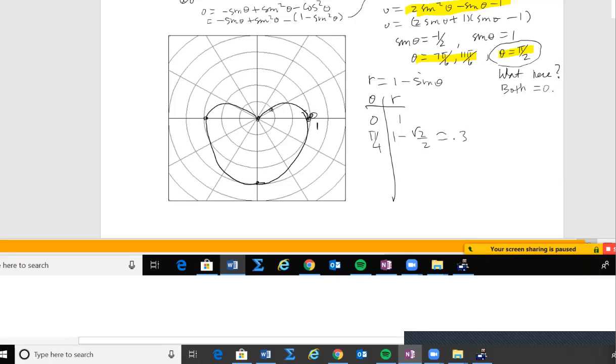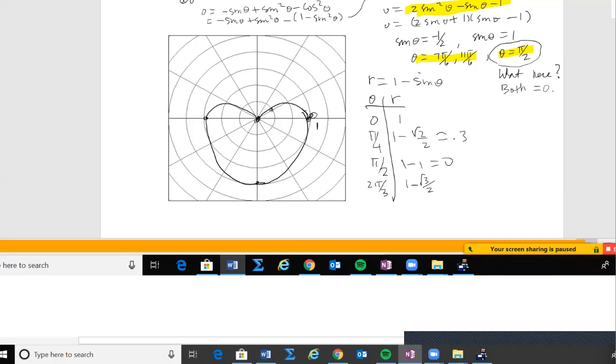Okay, so then once I continue up this way, and by the time I get to pi over 2, so I cut right to the chase, I get 1 minus 1 is 0. So I'm back here at the pole. And if I continue into that second quadrant, with my 2 pi over 3, I'll have 1 minus root 3 over 2.